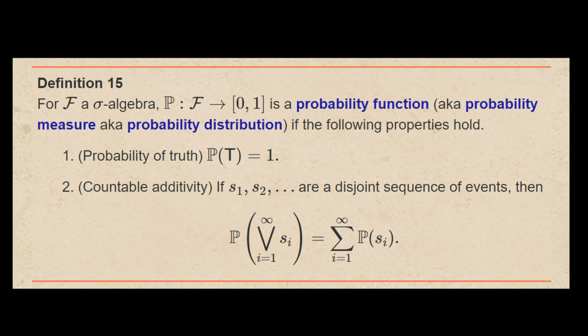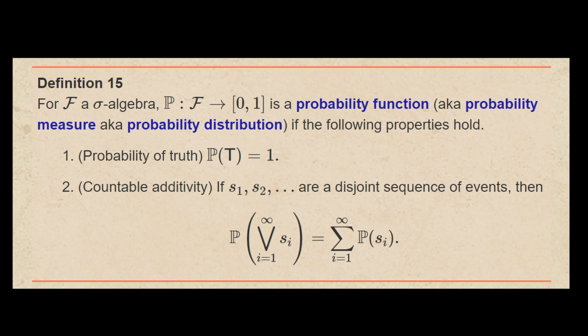First, the probability of a true statement is 1. Second, countable additivity. If S sub 1, S sub 2, S sub 3, and so on, are a disjoint sequence of events, then the probability that any one of those events occurs will equal the sum of the individual probabilities that the event occurs.